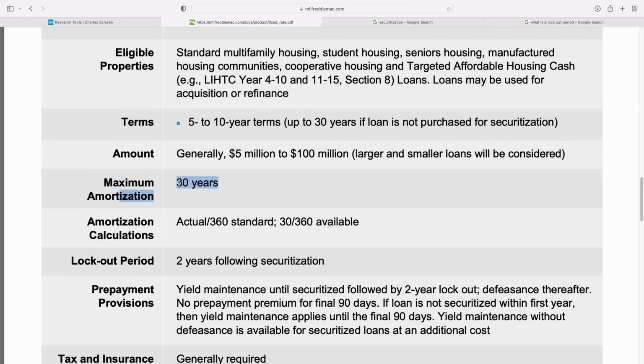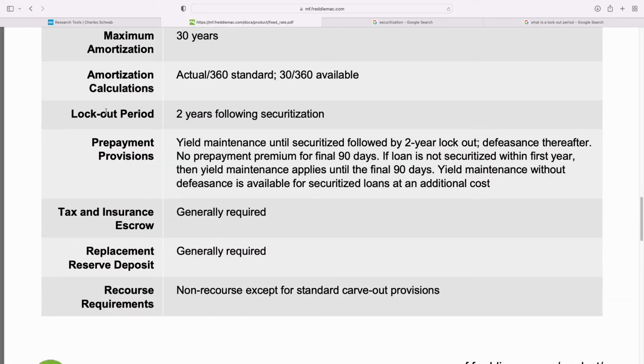Maximum amortization is 30 years, and this is the amortization calculation. They do either actual divided by 360, which is the standard calculation, or 30 divided by 360. That's also available, which is basically the days over 360, but we're not going to get into that.